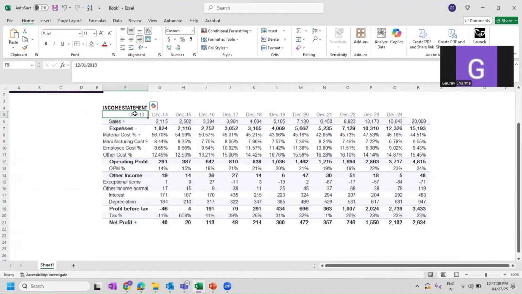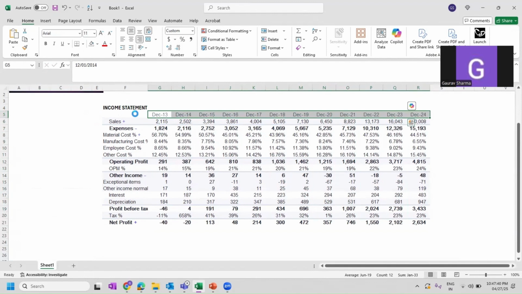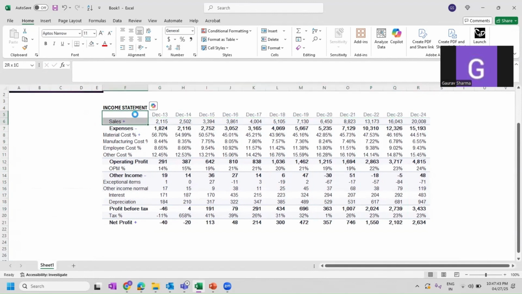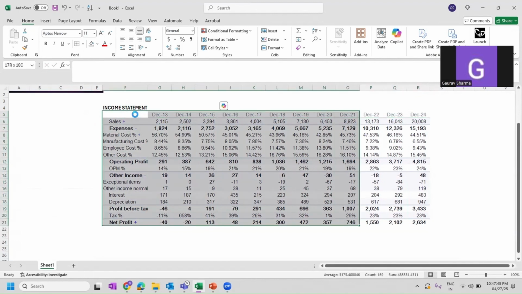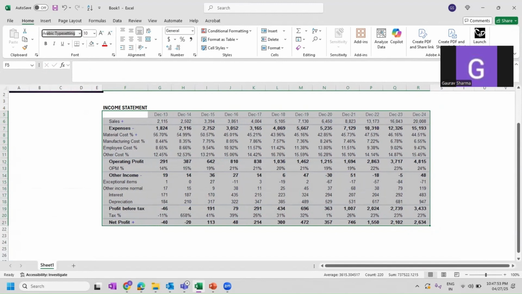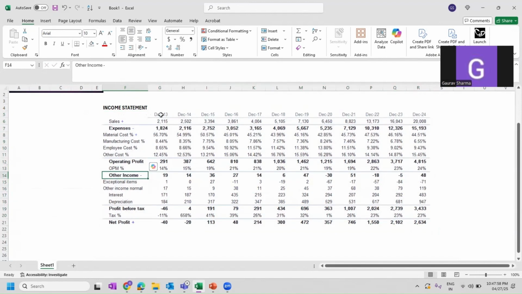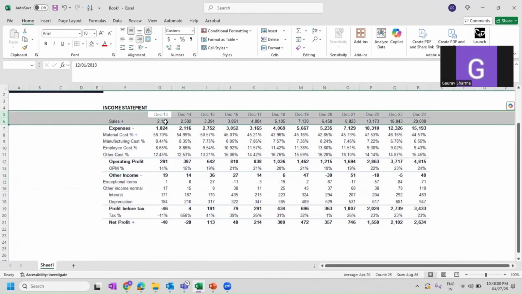Let's format this a little properly. We don't need these many fancy colors. Maybe reduce the font size and change the font as well. So yeah, this largely looks good.